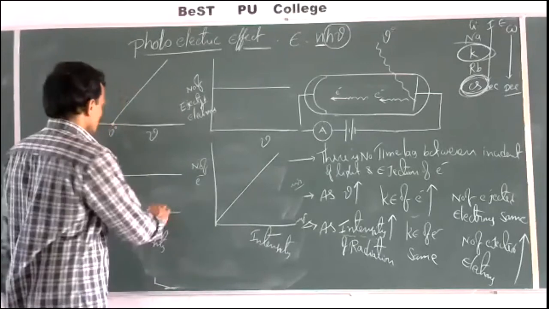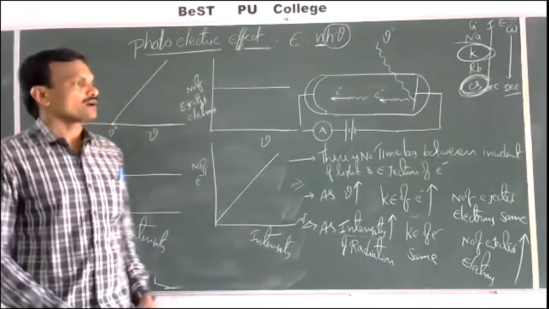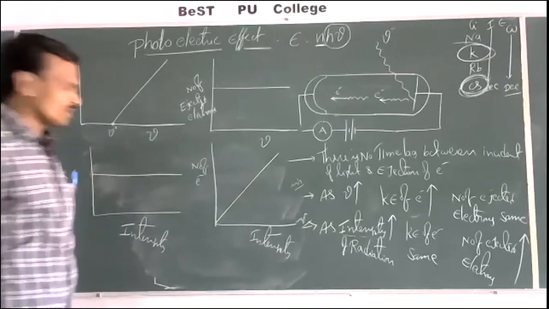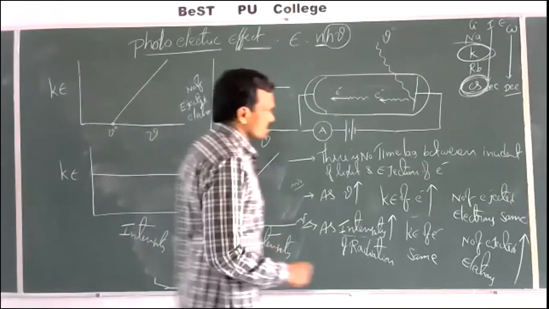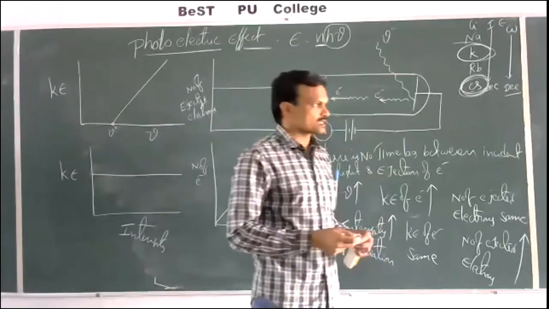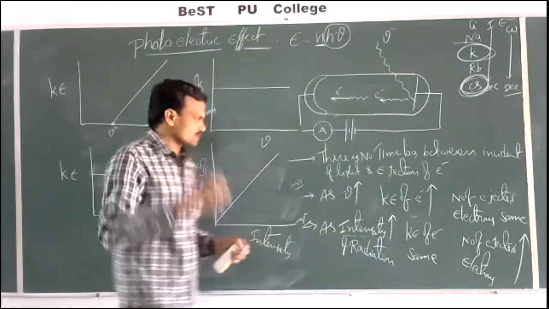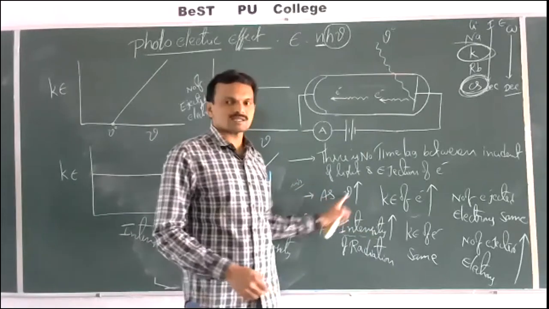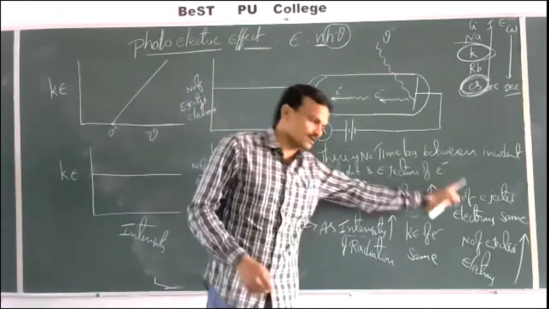Okay, so this is regarding the variation of ejected electrons and the variation of kinetic energy with frequency and intensity. Just remember these 2 points mainly. As frequency increases, kinetic energy increases, and the number of electrons ejected remains the same.